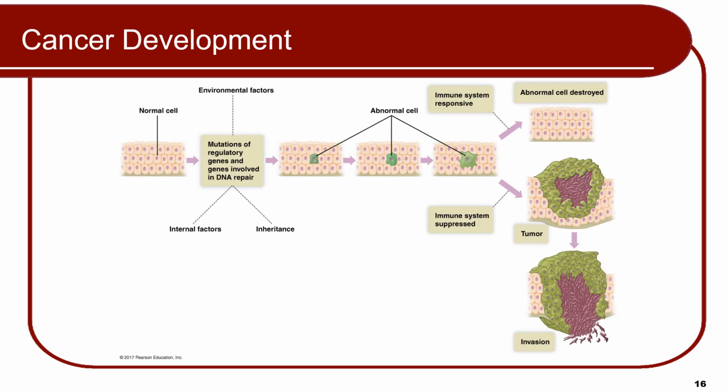This would be an example of where a cancer is actually spreading. So here we have our normal epithelial tissue again, and here we have that one abnormal cell that we were showing before. And usually there are a multiple number of things that have to go wrong.